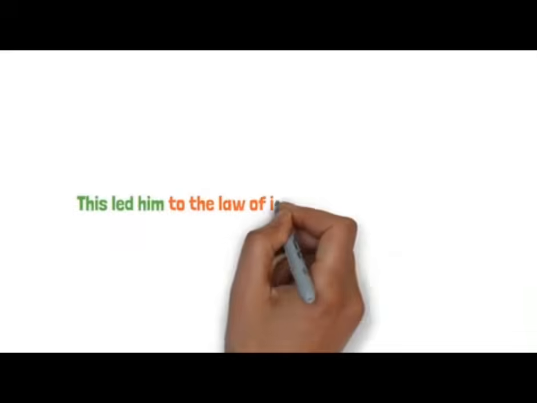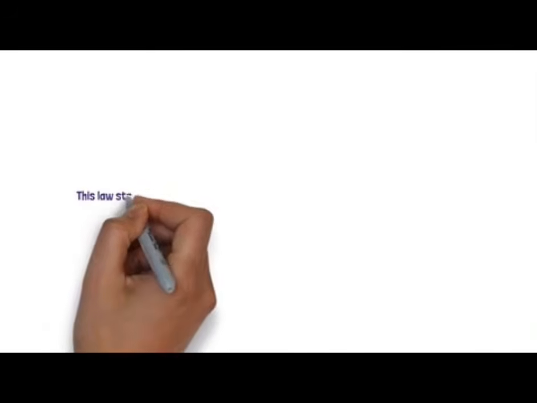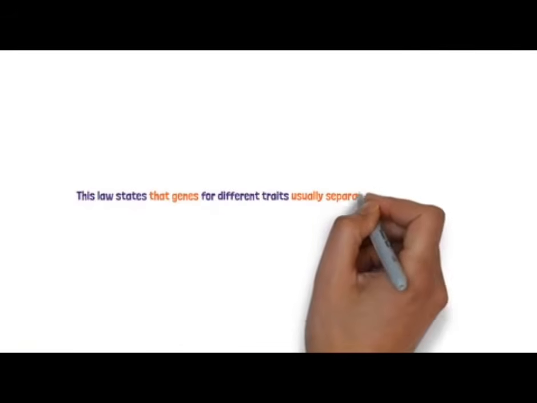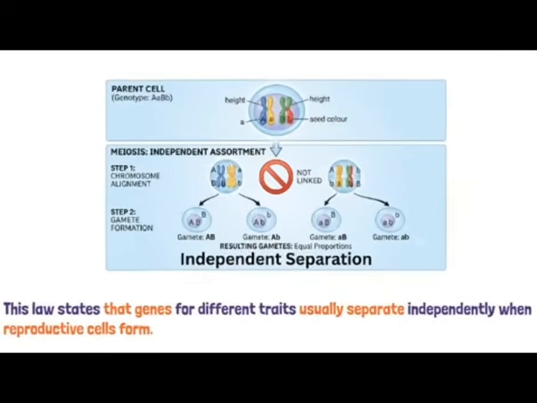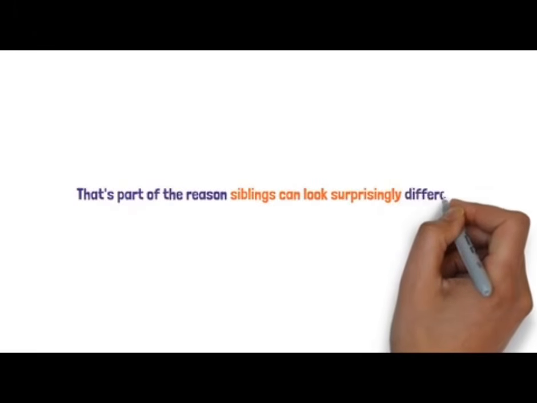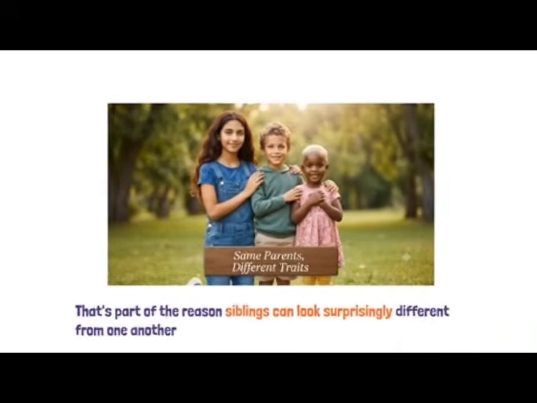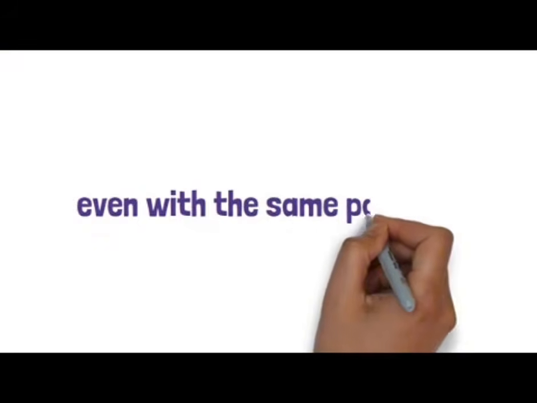This led him to the law of independent assortment. This law states that genes for different traits usually separate independently when reproductive cells form. That's part of the reason siblings can look surprisingly different from one another, even with the same parents.